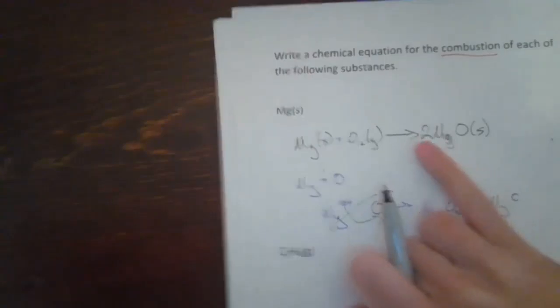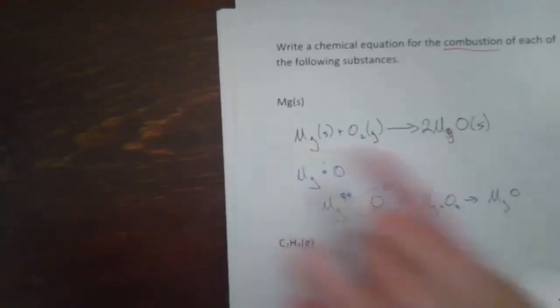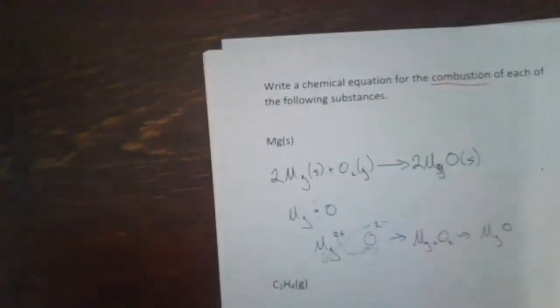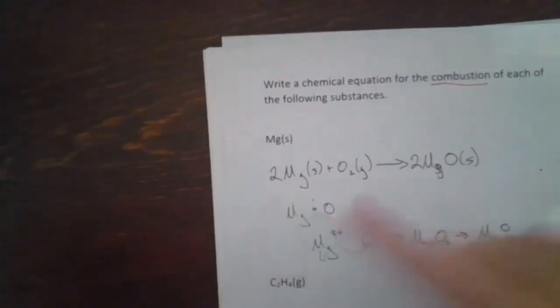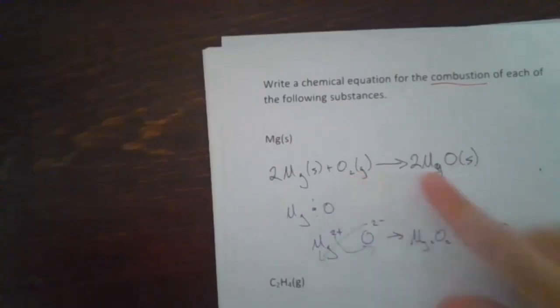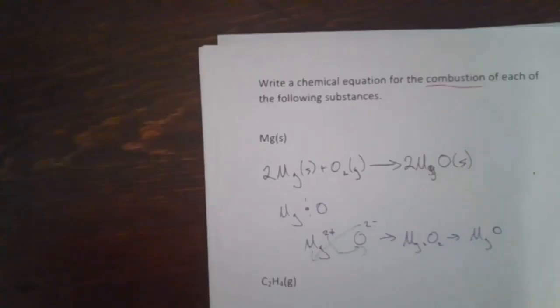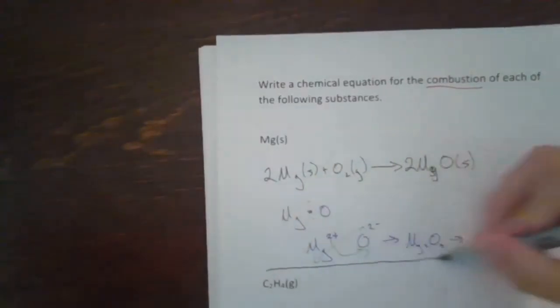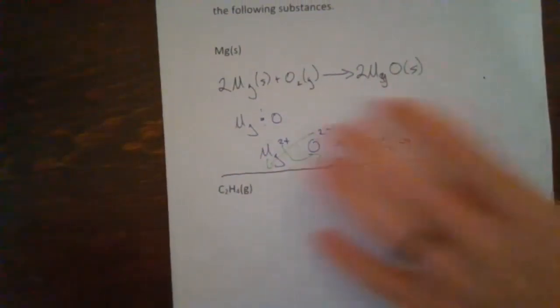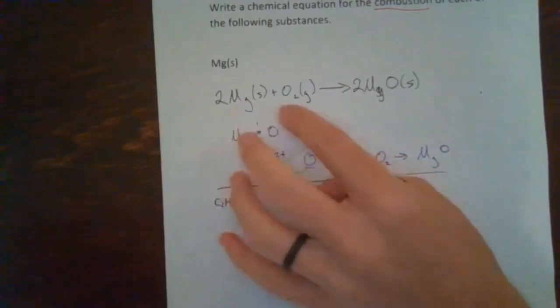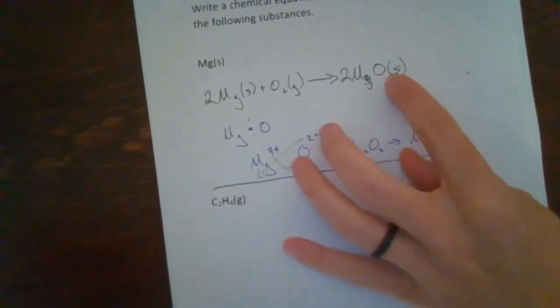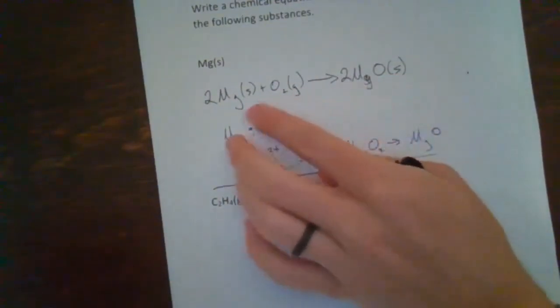The 2 out front affects everything, so now I have 2 magnesiums, and I need a second magnesium on the reactant side. So 2 magnesium atoms react with 1 O2 molecule to make 2 MgO formula units, because it's an ionic compound. So our answer is 2 Mg plus O2 gives me 2 MgO for the combustion of magnesium.